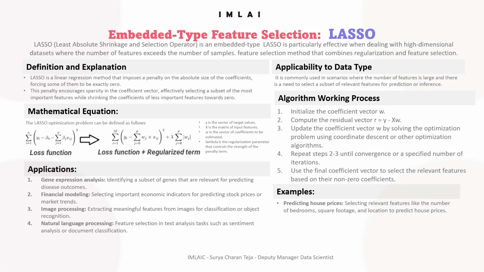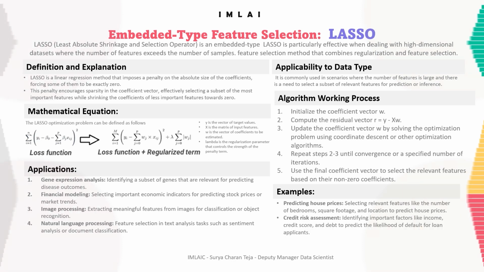And the third one is disease diagnosis: selecting the informative biomarkers or clinical features for diagnosing diseases based on patient data. Overall, Lasso is a powerful technique for feature selection that promotes sparsity in the coefficient vector, allowing for the identification of the most relevant features while discarding irrelevant or redundant ones.